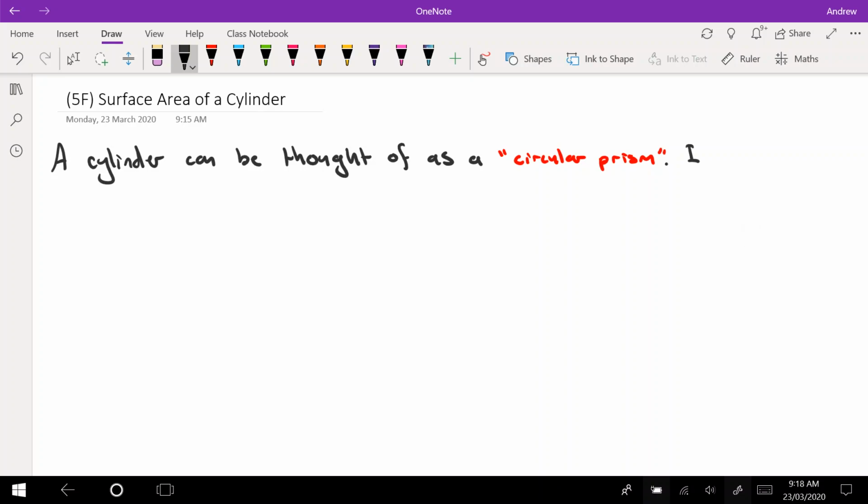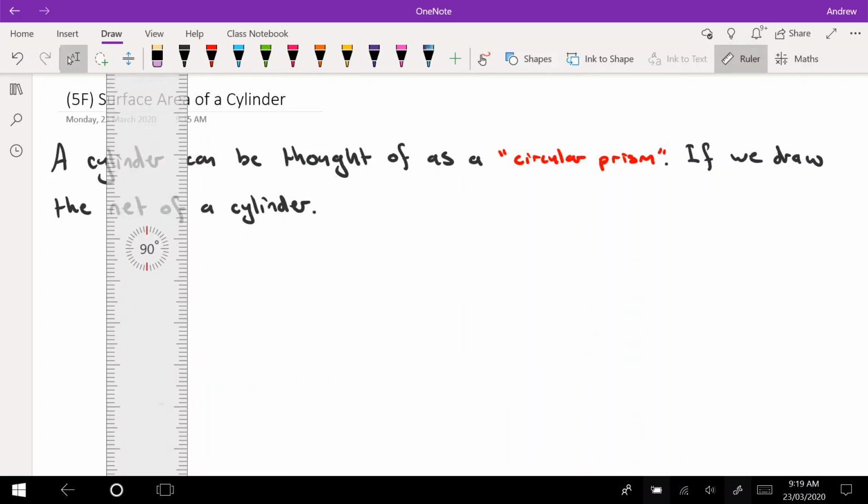If we want to try and draw the net of a cylinder, it's going to look something like this.